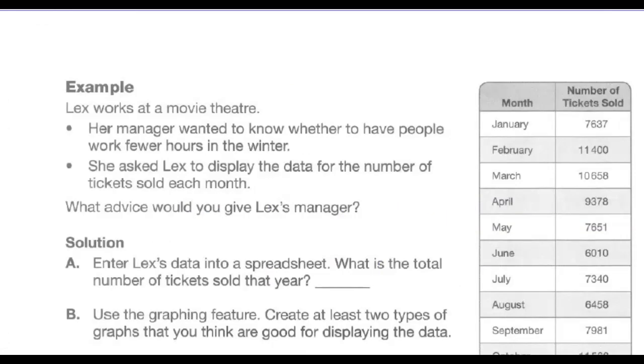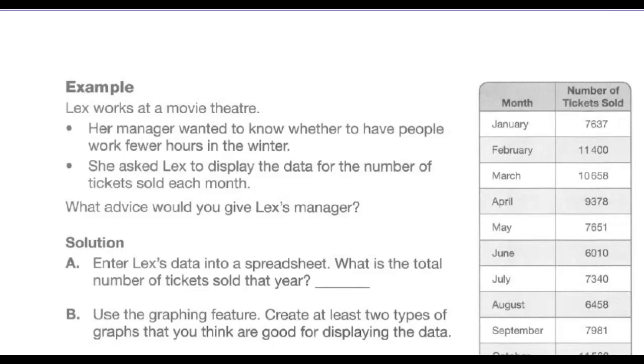Okay, next one, Lex worked at a movie theater. Her manager wanted to know whether to have people work fewer hours in the winter. She asked Lex to display the data for the number of tickets sold each month. So there's the chart on the right, tells the number of tickets sold. And what advice would you give Lex's manager for whether to not hire as many?